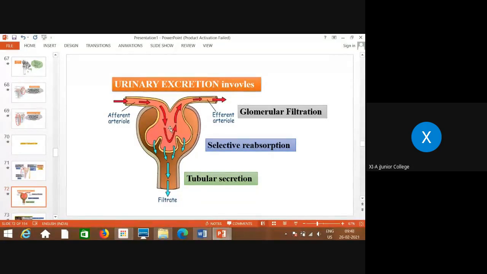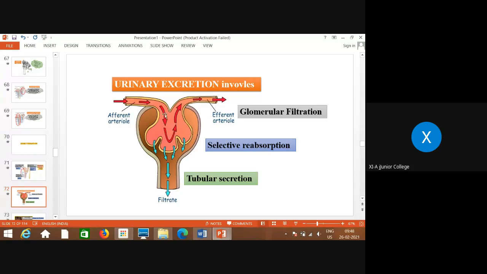That helps in creating a pressure called hydrostatic pressure in the glomerular region, where the network of capillaries, which we call the glomerulus, is present.